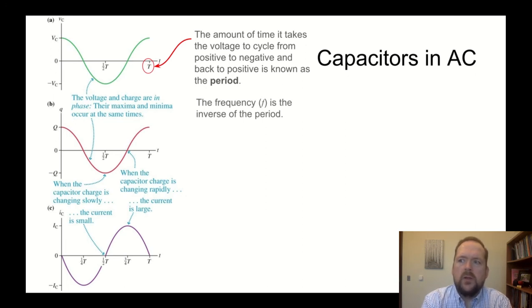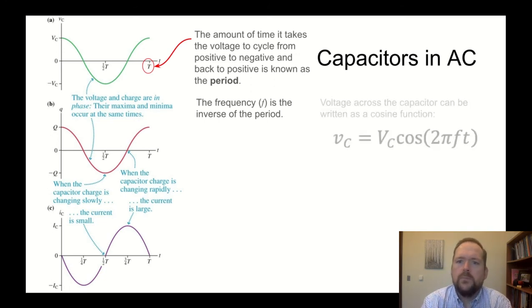So if the period is 10 seconds, it takes 10 seconds for the voltage to go from positive to negative to positive, then the frequency is 1 over 10 cycles per second. So if it takes 10 seconds for one cycle, that means the system achieves 1/10 of a cycle in every second. So they're inverses of each other when we talk about frequency and period.